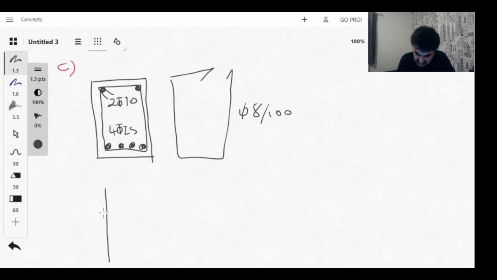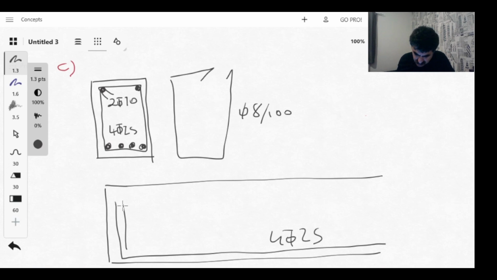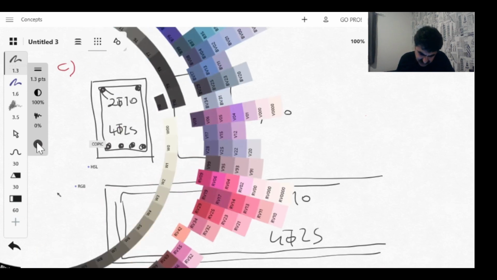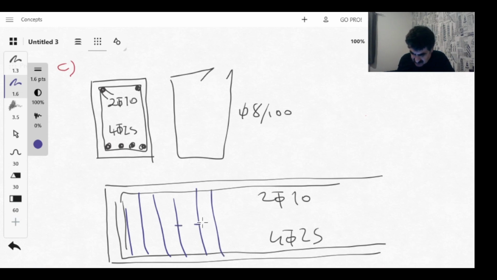And longitudinal section is also good to sketch. So we have the beam like this, and then we have 4 25 millimeter bars like this, and we have 2 10 millimeter bars, and we have stirrups as well like this. So between these stirrups can be like 100 millimeters.